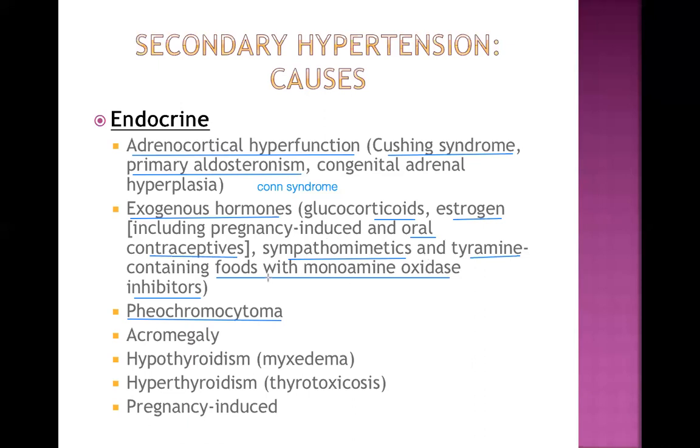And tyramine containing food with monoamine oxidase inhibitor, this is a very important point. I'm not sure whether you have studied this or not. Monoamine oxidase inhibitor is an antidepressant medicine. If we give this drug along with tyramine containing food, what will happen?